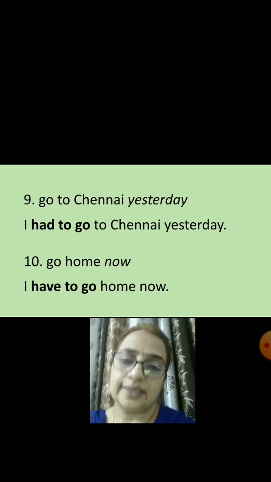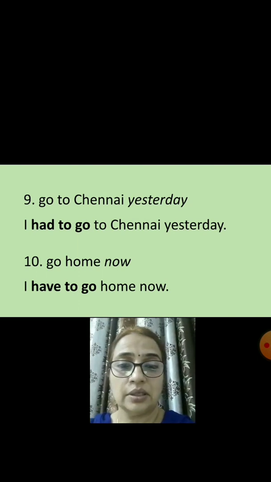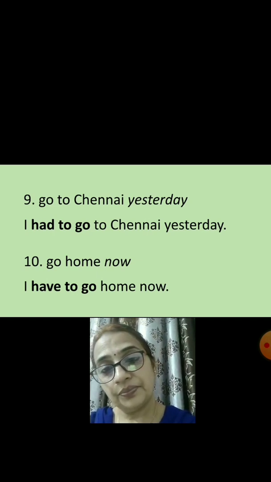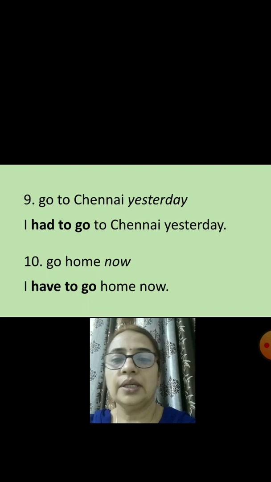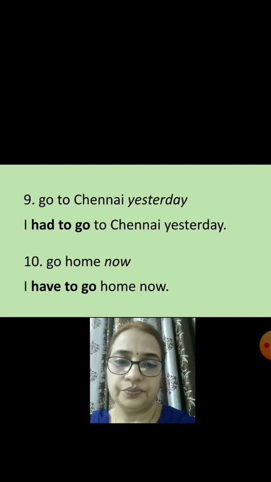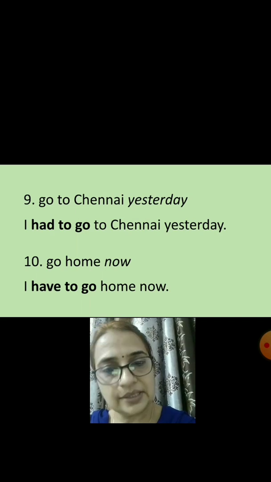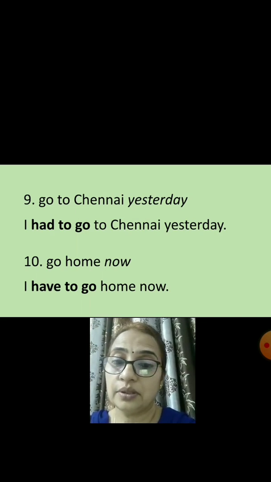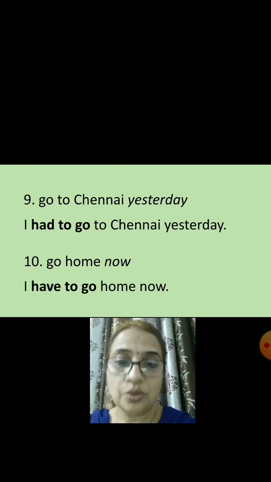So, let's revise what we learned. How to make use of had to, have to and shall have to based on the tenses used in the question. If present tense is used in the question, we will use have to.